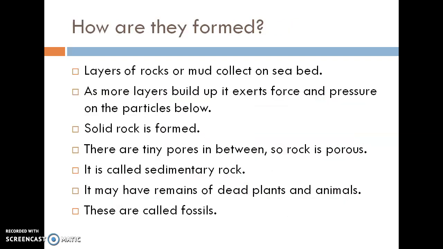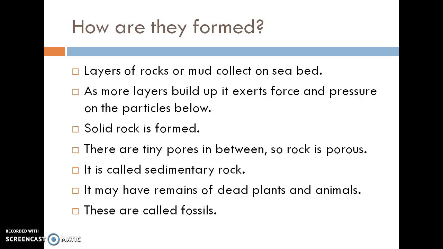Now, how are these sedimentary rocks formed? Okay, the sedimentary rocks are formed as a result of layers of rocks or mud that collect on the seabed. Okay, and as obviously more and more layers build up, it will exert force and pressure on the particles below. And as a result of this continuous exertion of force and pressure over thousands and thousands of years, they result in the formation of solid rock.